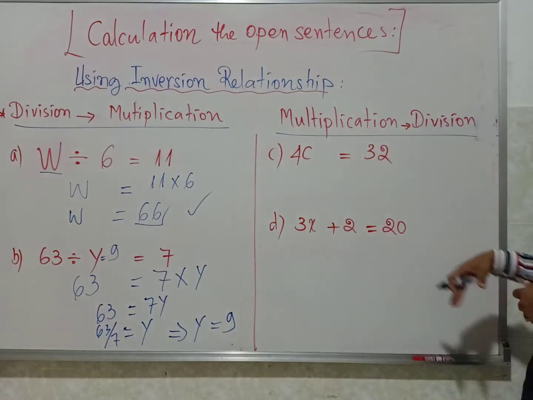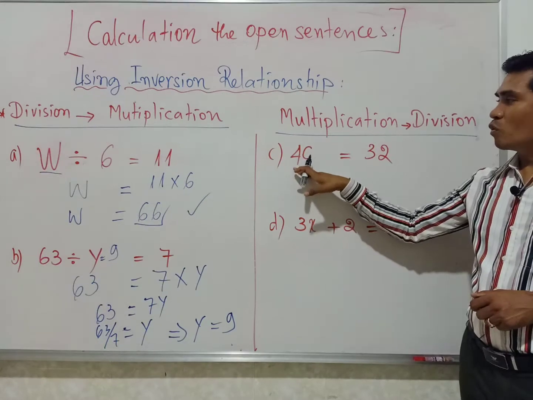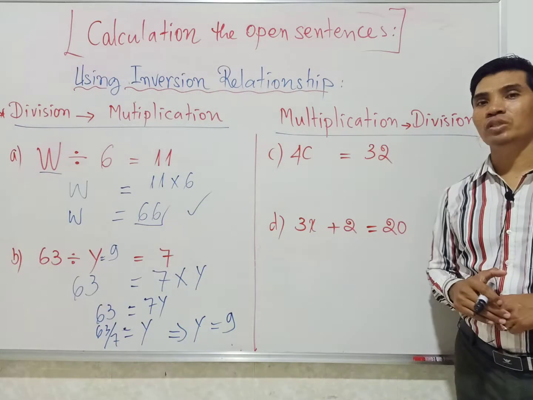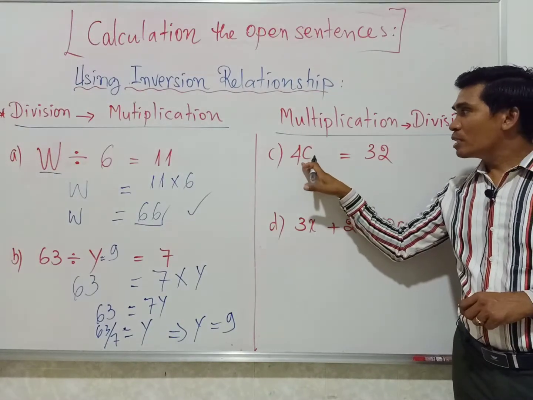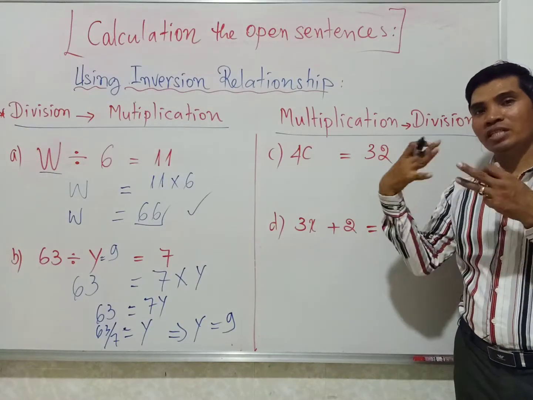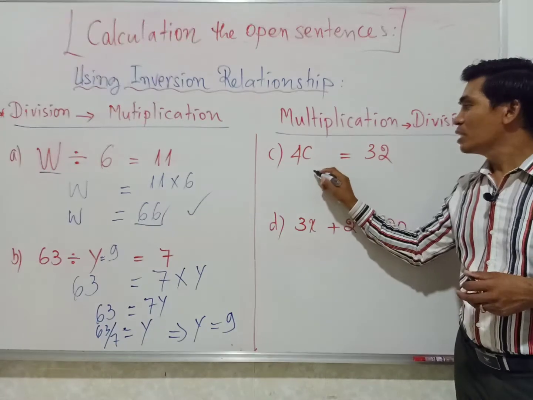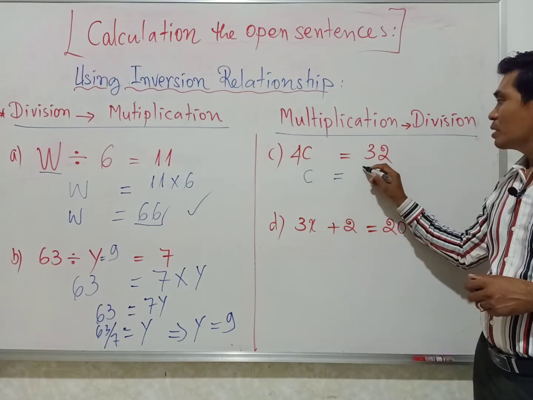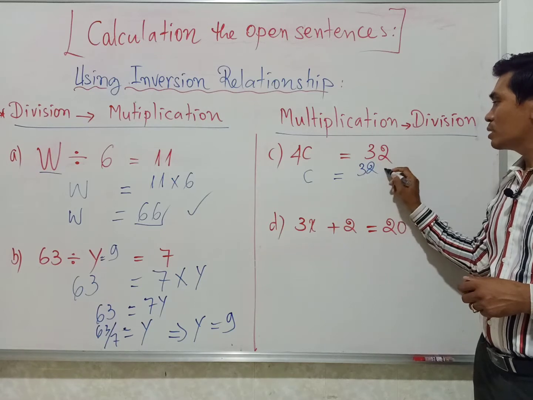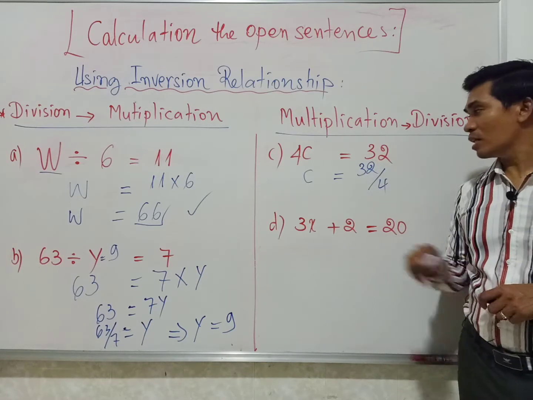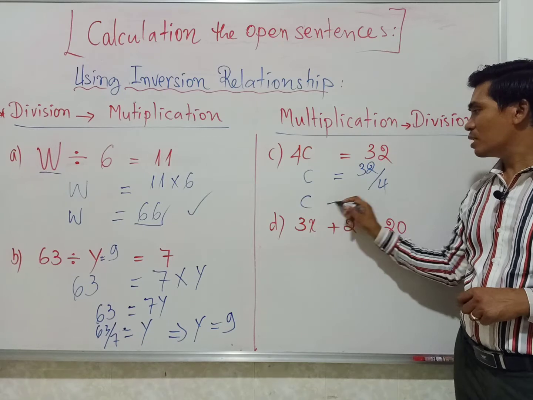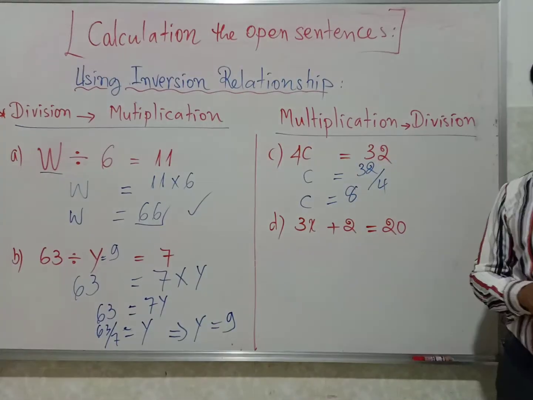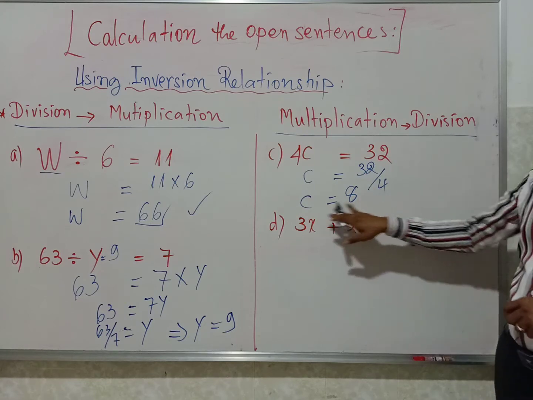So for 1c, we have 32 divided by 4. So c is 8. Okay, c is 8.